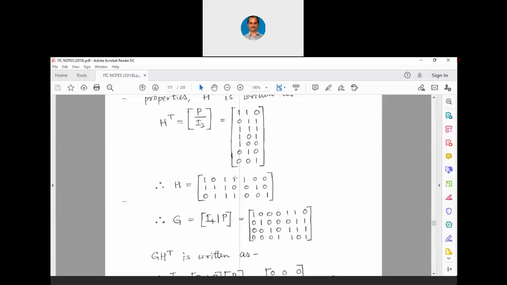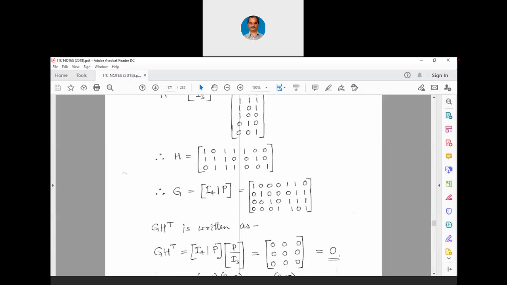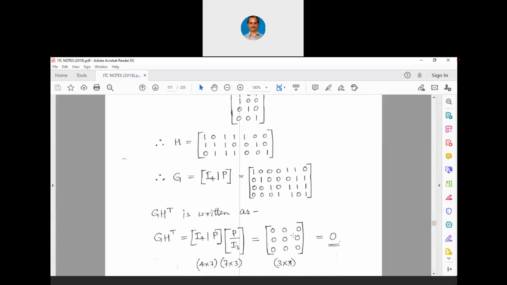So correspondingly, the P transpose is present here and the P is present here, right, in H. So when you multiply G and H transposed, you are actually performing an XOR operation with the same element again. That is how you can work out all these things. You will get all zeros, 4 rows with 3 columns, everything is 0. So that way GH transpose is proved to be 0.